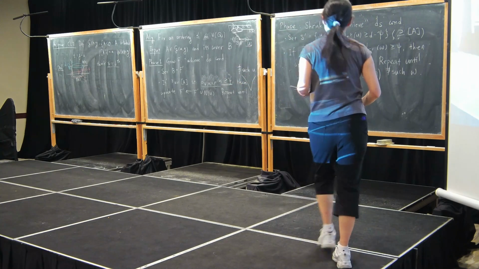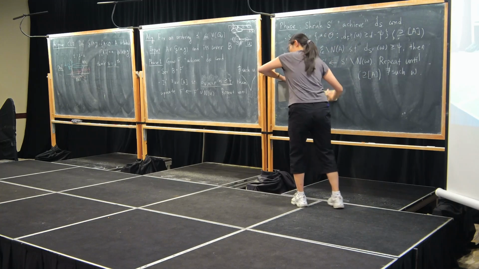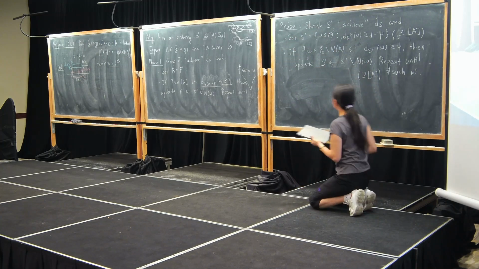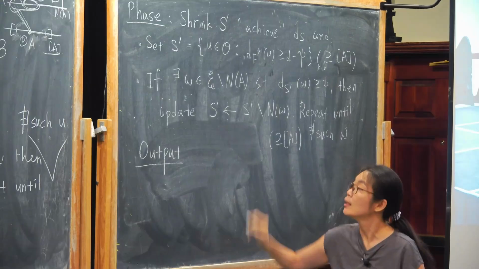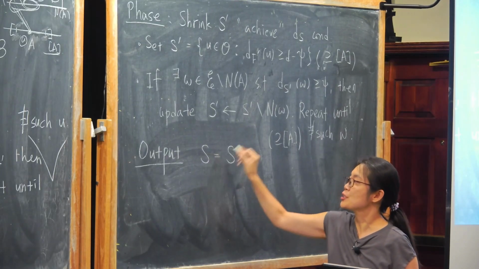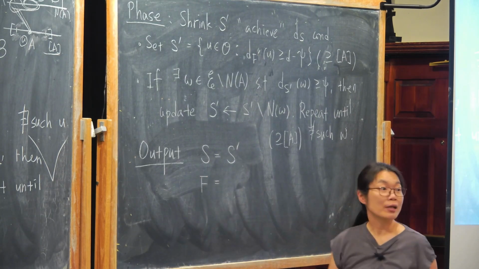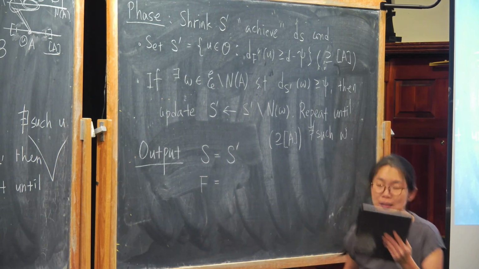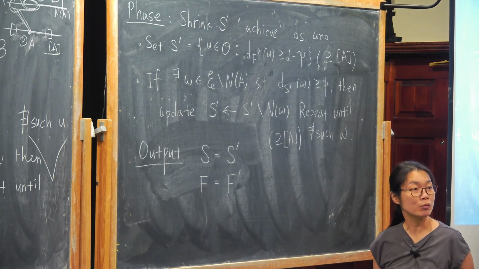Okay, and the last step, finally, we output. So this is the final thing. We output S. This is just S prime. And F, I'll write it down, and you can see why we need this. If we just say F is F prime, then this can be problematic.